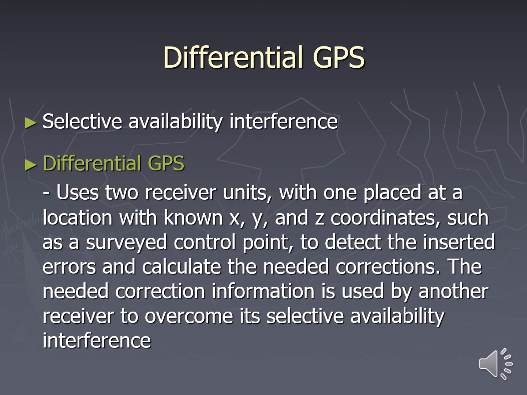So differential GPS, what does this really mean? It uses two units, one receiver that is placed at a known X, Y, and Z. So you need all of the locations, basically a guaranteed location where you know where this is on the globe. And then you take the coordinates of that location as the control point, more or less, to detect any inserted errors and calculate the needed corrections. And then the needed correction information is used by another receiver to overcome its selective availability interference.